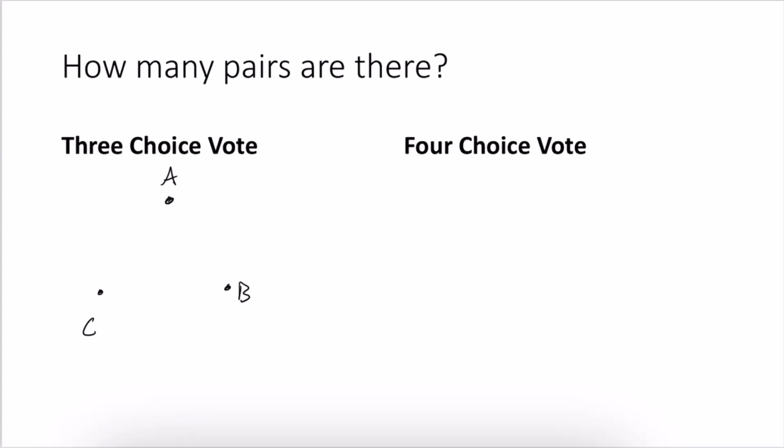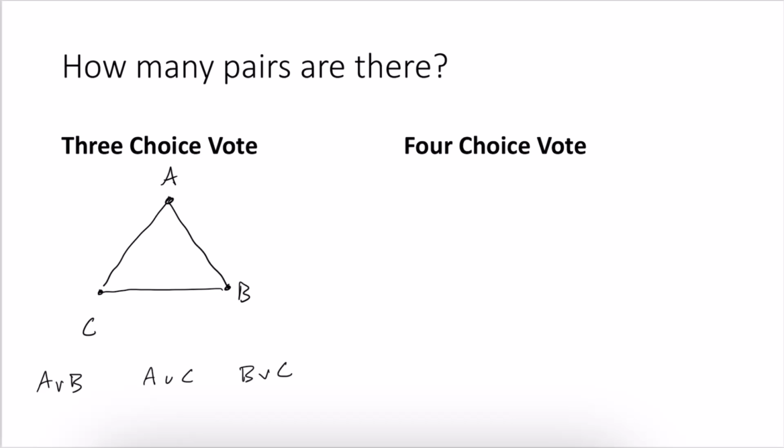Because I could say, okay, well, option A could be paired with option B or with option C. And then option B could be paired with option A, which we already have listed, or it could also be paired with option C. And so the edges in this complete graph represent your 3 pairs. You would have A versus B, A versus C, and B versus C. And those would be your 3 pairs.